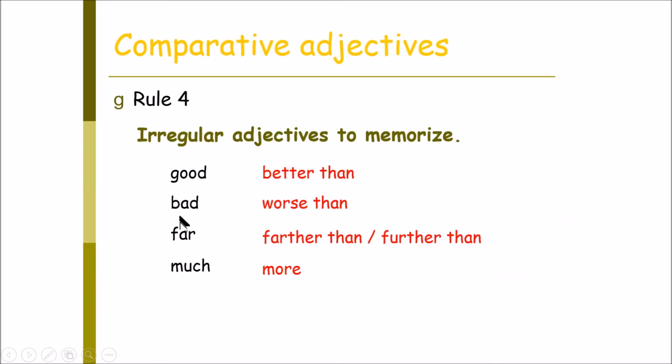The comparative form of bad is worse than. And here we have two options for the comparative of far, which can be farther than and further than. And finally the adjective much, whose comparative form is more. Okay, so let's continue.